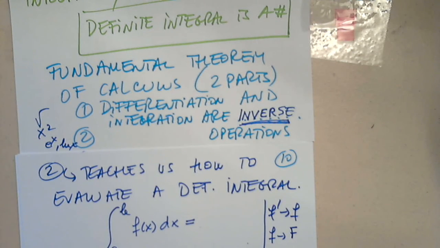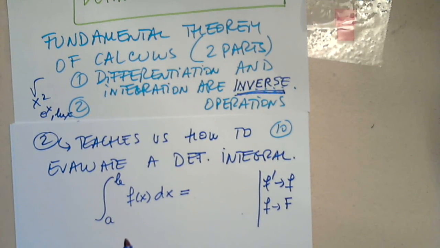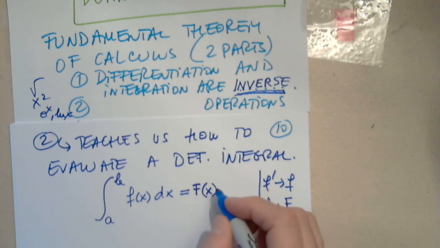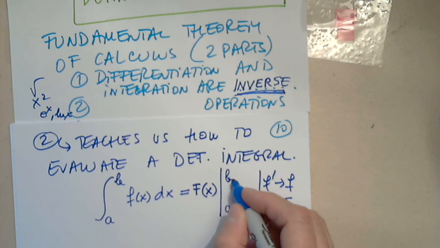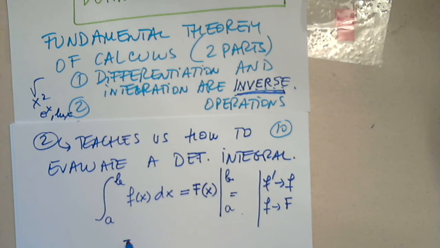Excellent. So the integral from a to b of f of x dx is indeed uppercase F of x, the antiderivative of f, but evaluated from a to b, which really means F of the upper limit minus F of the lower limit.